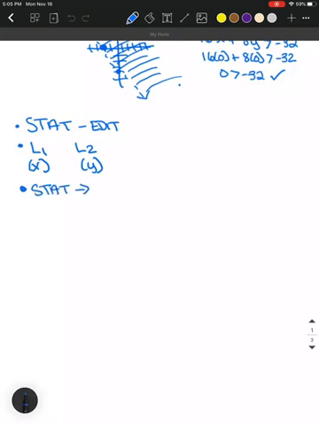I'm going to move over to Calc. And then I'm going to choose Linear Regression, or LinReg, which is number 4. Okay, and that's going to give me everything I need.